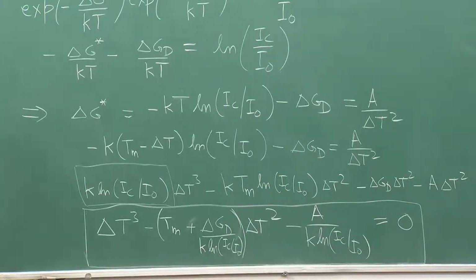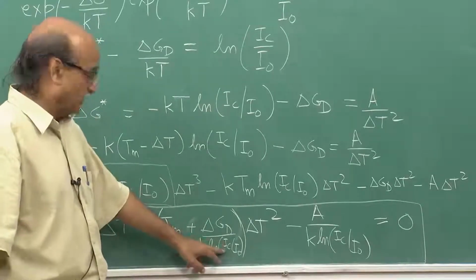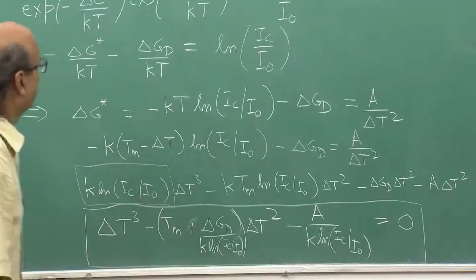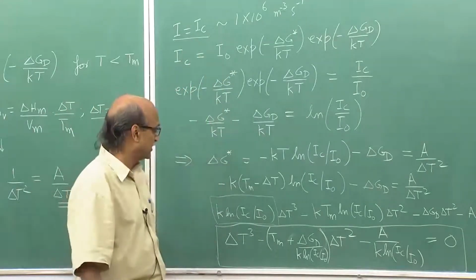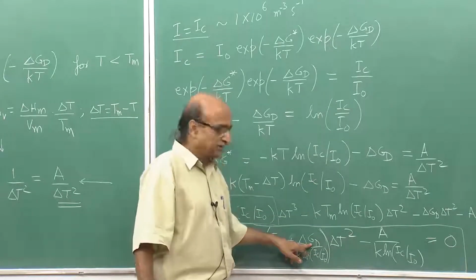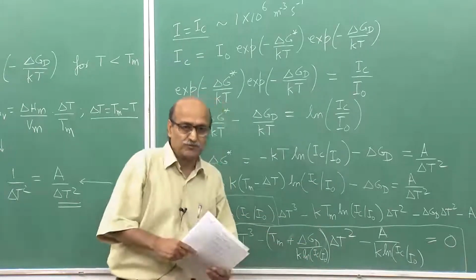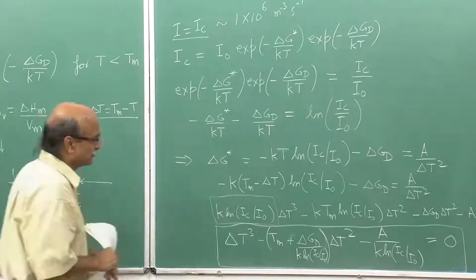If I look at it, I know everything in this expression, putting an assumed critical nucleation rate like 10 to the power 6 per meter cube per second. From the last lecture, we had made an estimation for delta GD. For many systems, it is of the order of 10 to the power minus 20 joules.